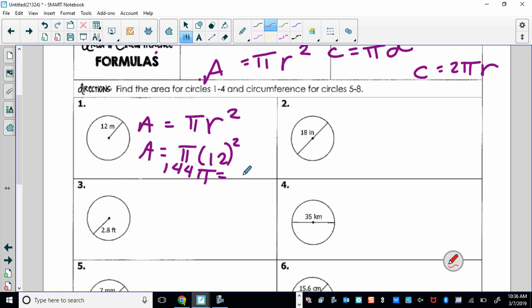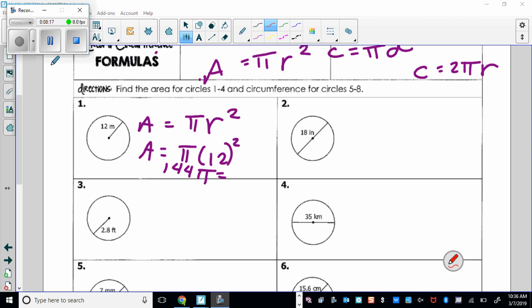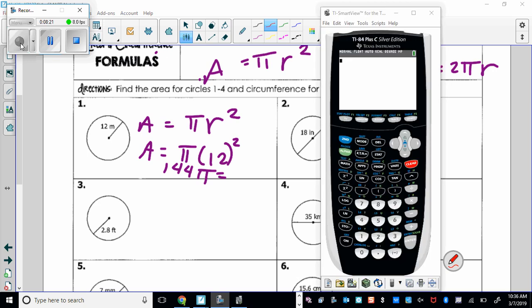This one is just asking you what is the area, so it doesn't ask you to leave the answer in terms of pi. So I would multiply by 3.14 times pi. I'll use the calculator, because it helps you understand where pi is in a calculator. Pi is this symbol right here. Do you see it?